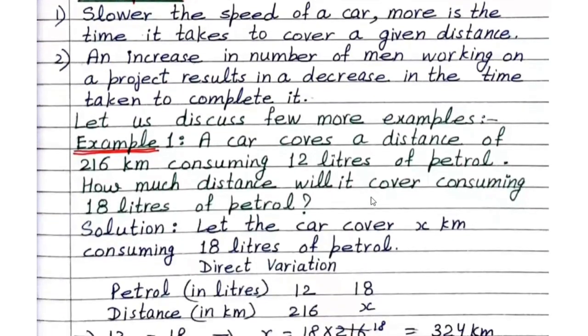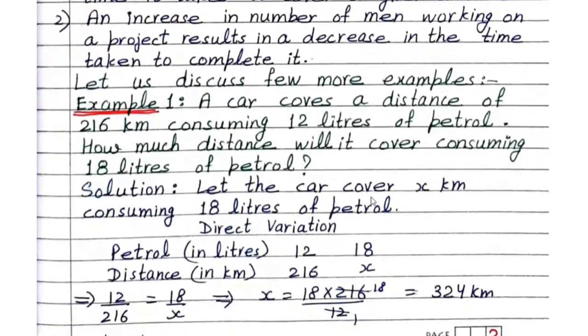Now see, example number one is: A car covers a distance of 216 kilometers, consuming 12 liters of petrol. How much distance will it cover consuming 18 liters of petrol? So the solution here is, let the car cover X kilometers, right?